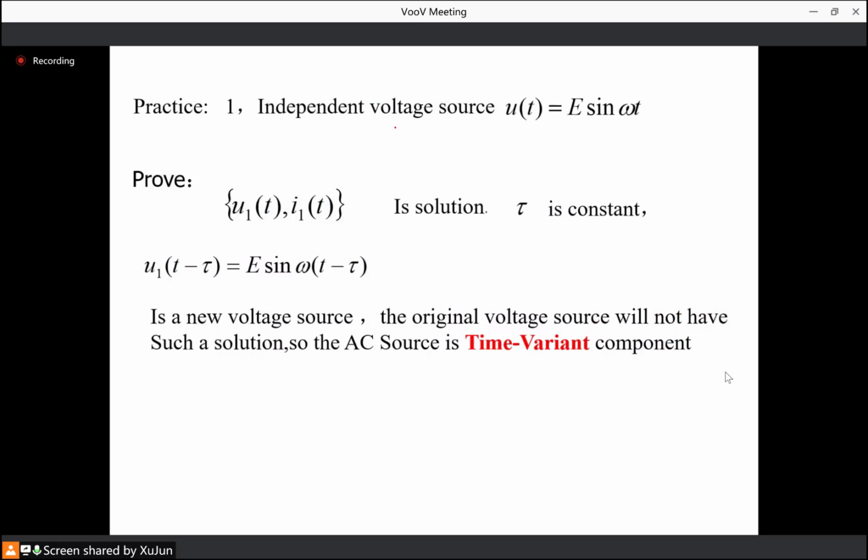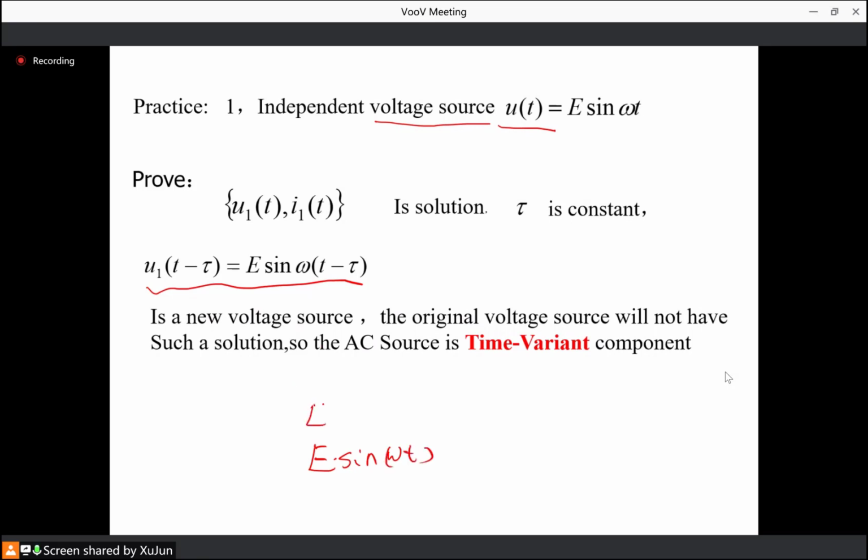For an independent voltage source U(t), assume U1, I1 is a solution. Assume tau is a constant. The U1(t minus tau) will be a new voltage source, and the original voltage source will not have such a solution. The original source is E sin omega t.